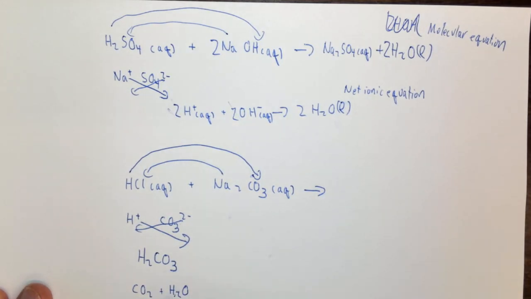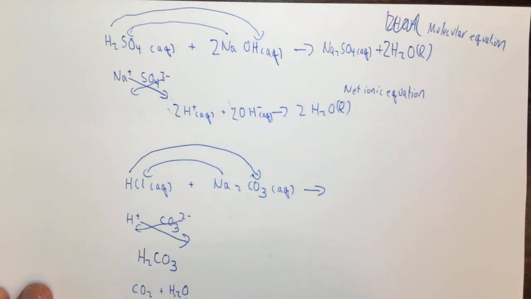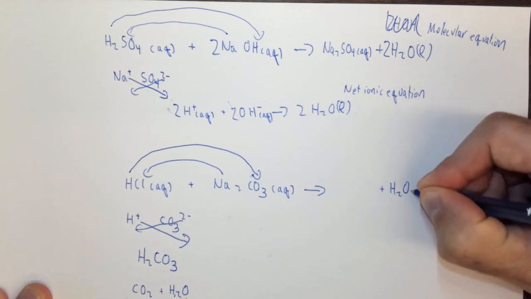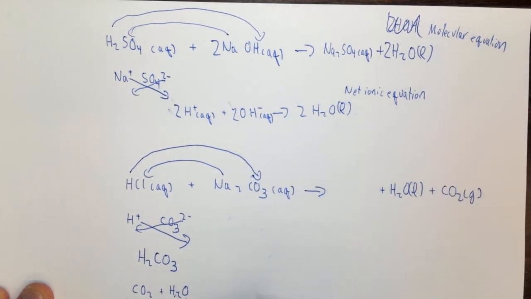There's 2 H's, 1 C, and 1, 2, 3 O's. So this decomposes into carbon dioxide and water. So instead of getting H2CO3, we get H2O liquid plus CO2 gas.